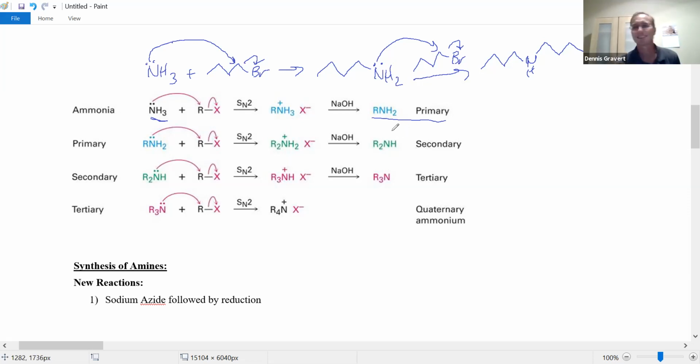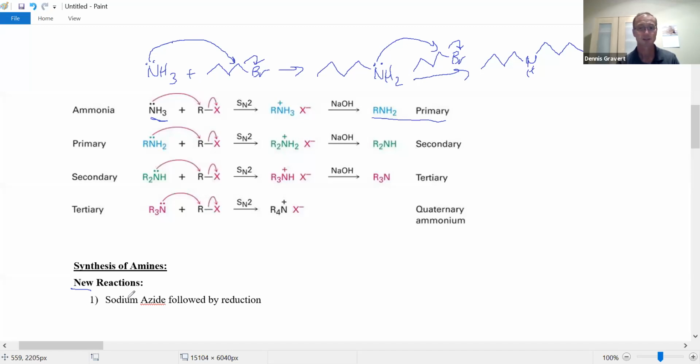The basic guideline here is that, yes, you make amines by starting with ammonia, alkyl halide through an SN2 reaction, but yields are not great. Okay, so there is a need for new reactions to have higher yielding and more pure product.